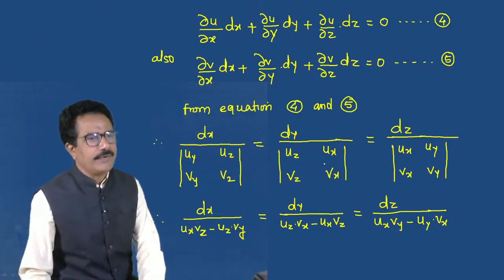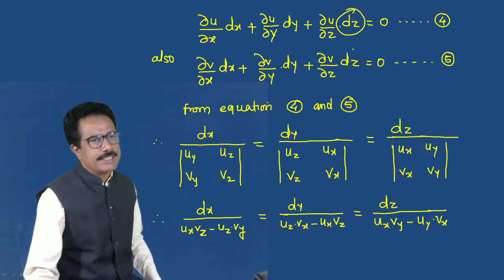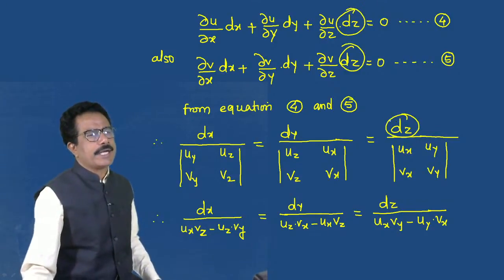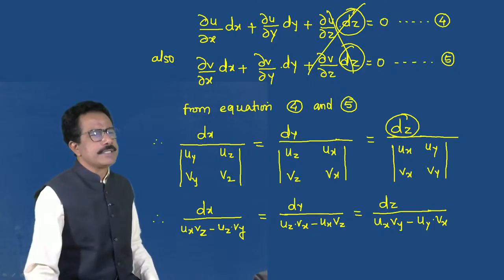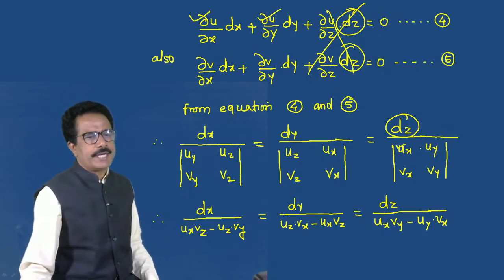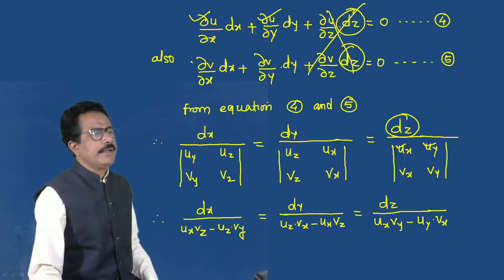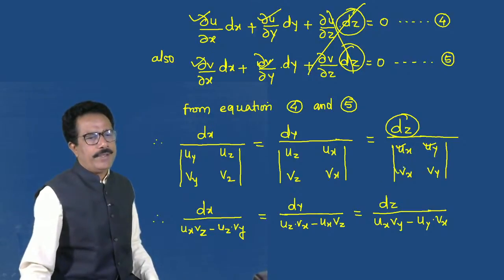Similarly, for z, we can write z, then remove this, and we get ux, uy, vx, vy.